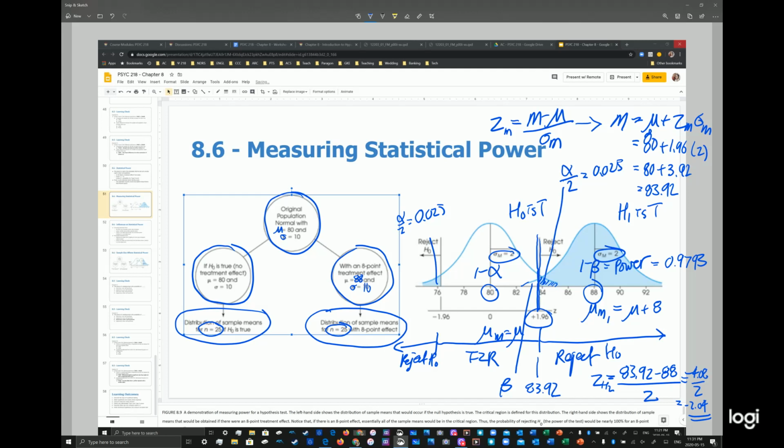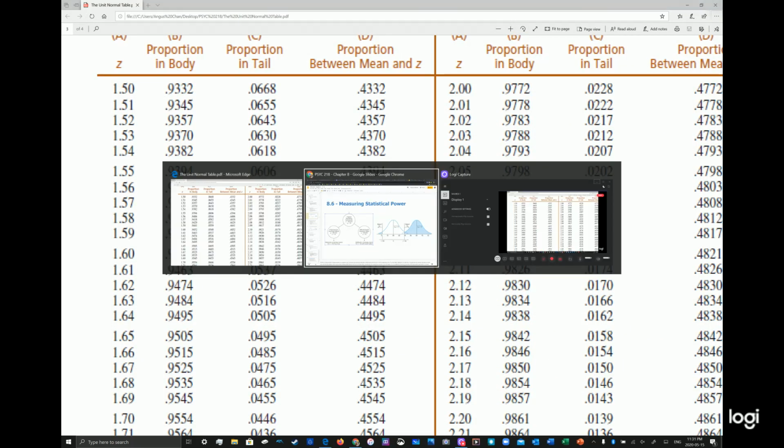Again, depending on your sample size, the proportion would be either larger or smaller. And so we're going to explore this more when we talk about influences on statistical power, which is the next slide.